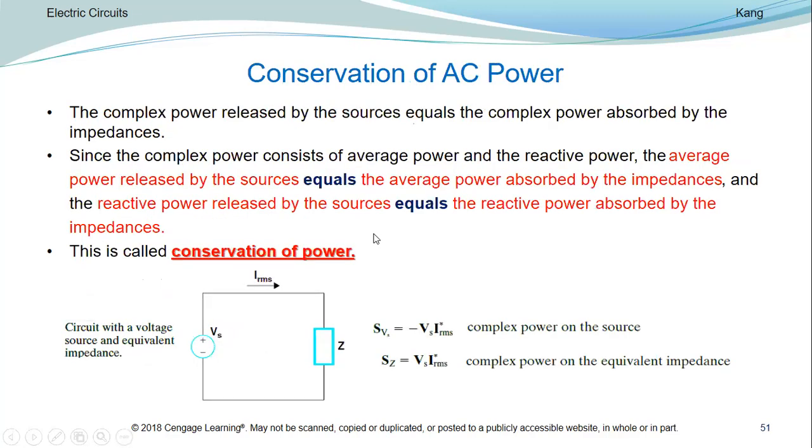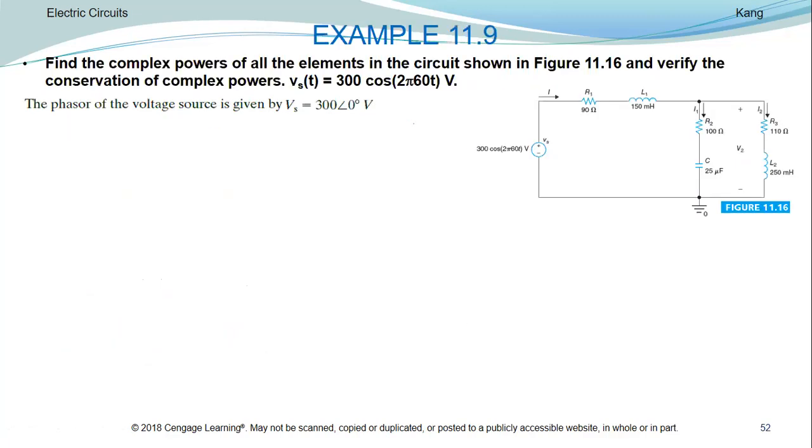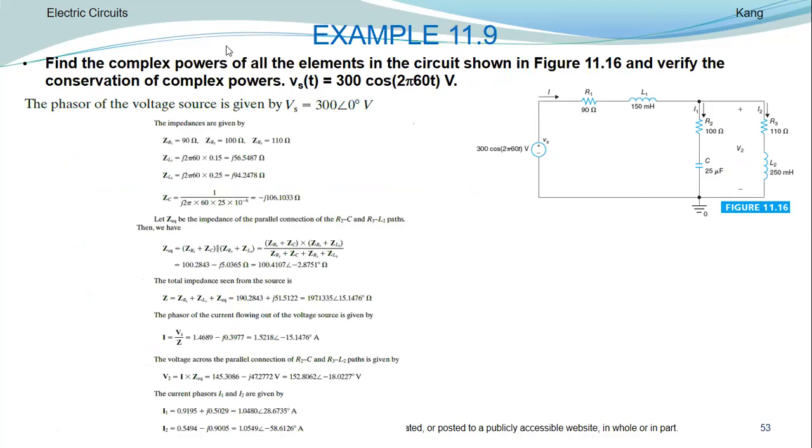This is also the same as this one, conservation of AC power. So for AC power, find the complex power of all the elements with the power factor, Vs(t) equals 300 cos(2 pi 60t) volts.